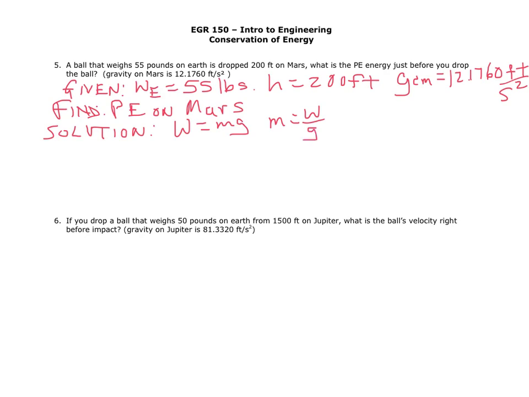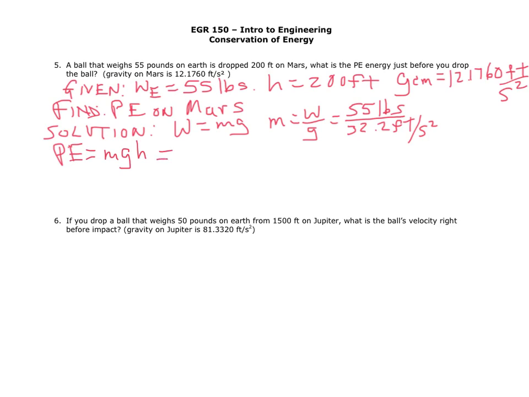So the weight here on Earth is 55 pounds divided by the gravitational constant of Earth, which is 32.2 feet per second squared. Now I'm going to leave the mass like that. And then we'll do the potential energy. The potential energy is mass times gravity times height, right?